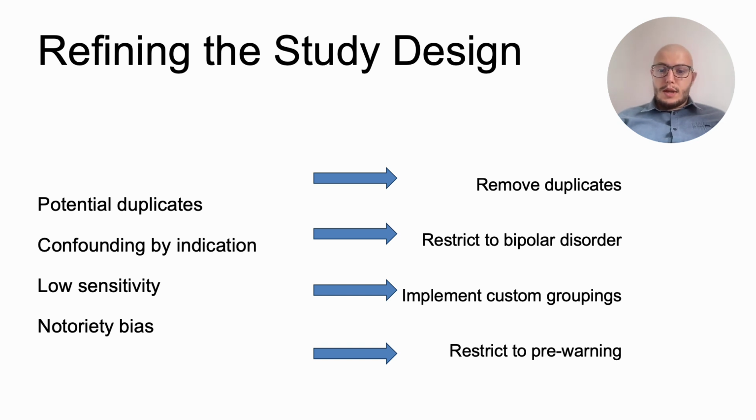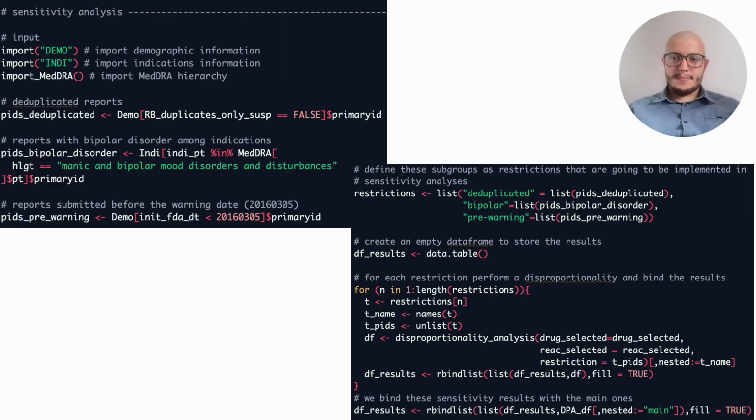And I can tell you that with DiAna we can confront all these problems, and in particular we can remove duplicates, we can take care of biases restricting the analysis to reports recording bipolar disorders among the indications and reports submitted before the warning, and also we can implement custom groupings to use lists of terms to retrieve cases of interest.